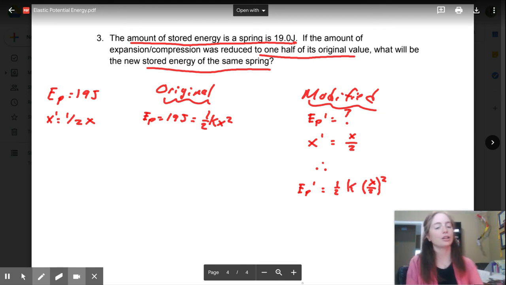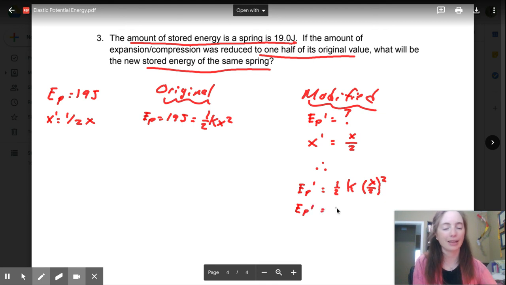So, ladies and gentlemen, now I'm going to do my best to solve for this here. I'm going to solve what little I have. So EP prime, I can't do anything with that, I can't do anything else with the k, but I can solve this: x over 2, squared. Well, remember when you have something squared, an exponent on the outside of the bracket, what it actually is going to be is x squared over 2 squared.